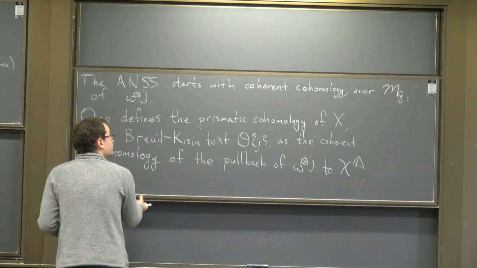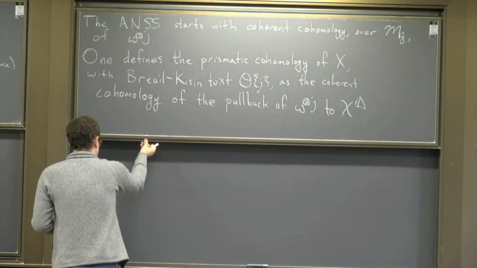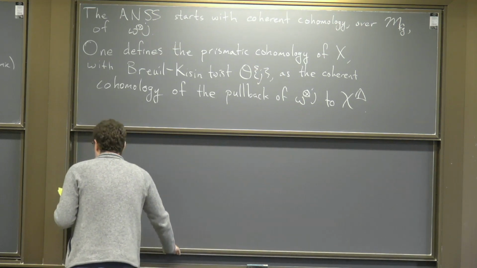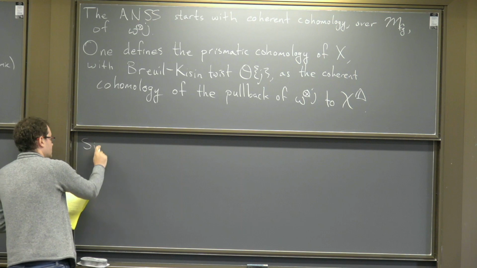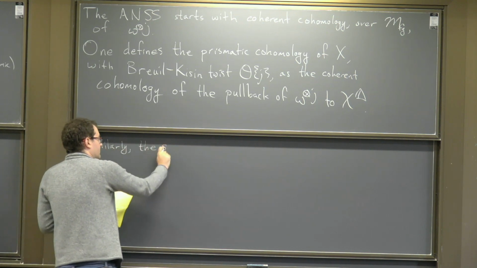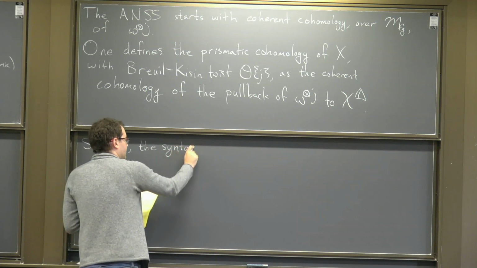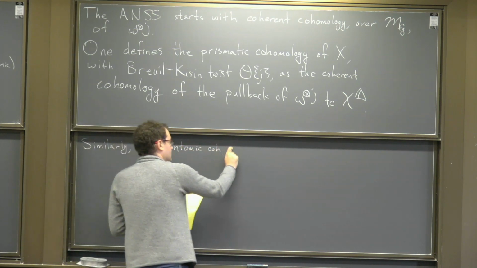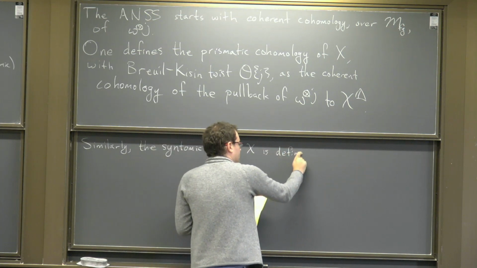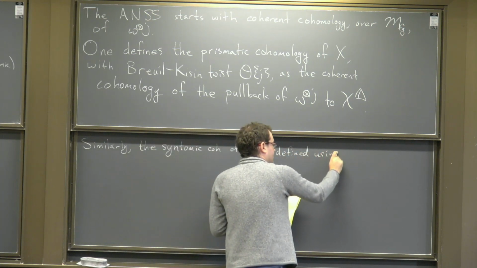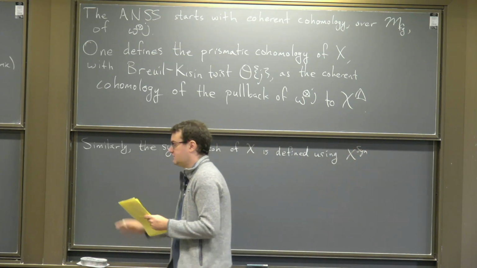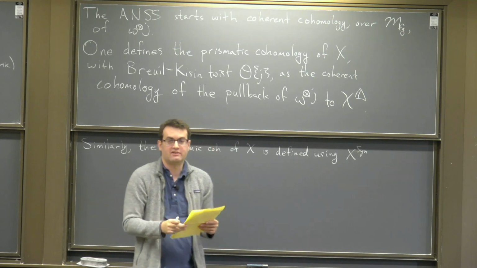Okay, so similarly, the syntomic cohomology of X with these various Breuil-Kisin twists is defined using X syn, again, just by pulling back these line bundles over MFG and taking coherent cohomology.